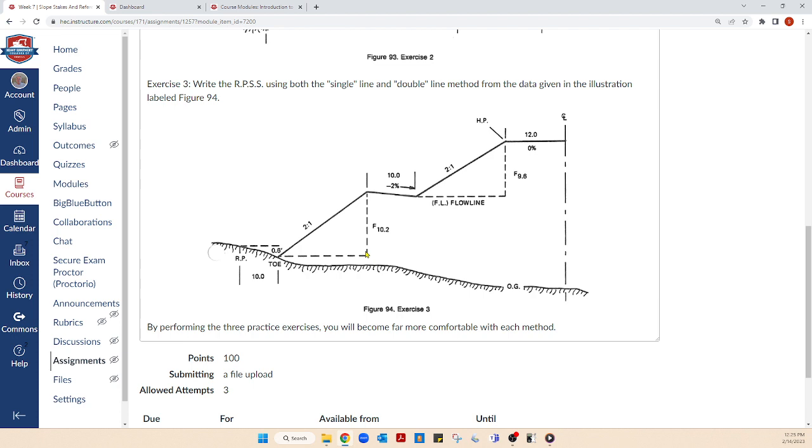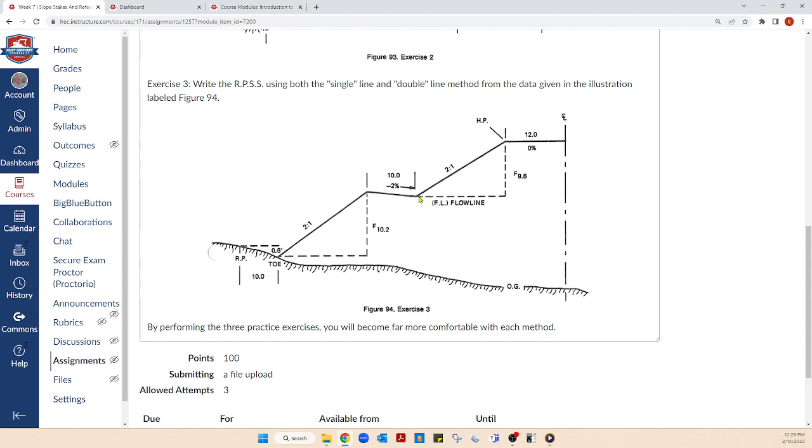So that first one's 20.4, to get us to here. To get us to here is 30.4, and this right here is 9.8 times 2 to 1. So I got 34.